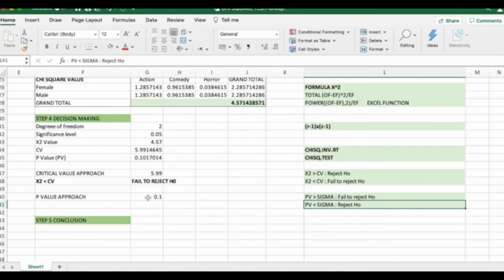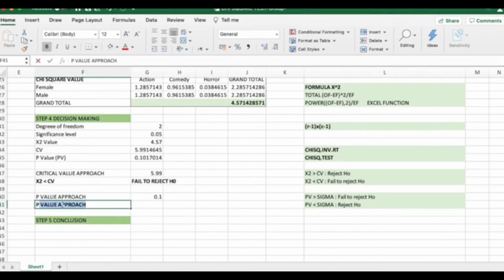So our p-value here is 0.1 and our sigma is only 0.05. Therefore, our p-value is bigger than sigma. Therefore, we again fail to reject the H0.